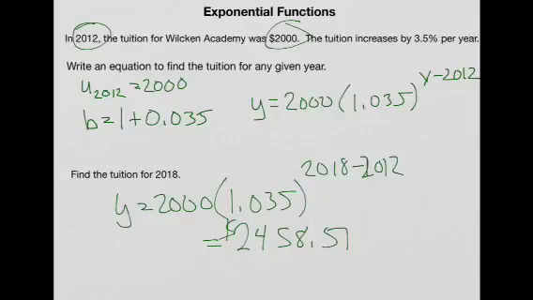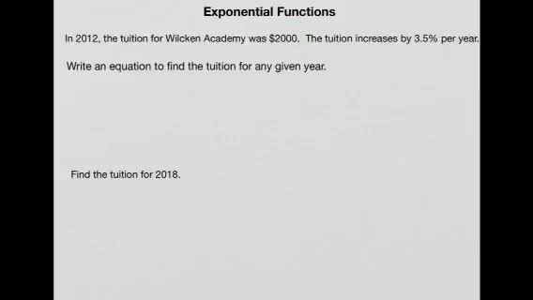Now, I don't have to do it using these big values, u sub 2012, so I got to plug in 2012 for x. If I'm starting at the year 2012, I can change my starting value. I'm going to rework this problem, and I'm going to call this my u sub 0 in 2012.